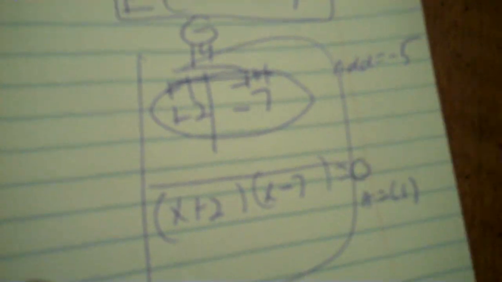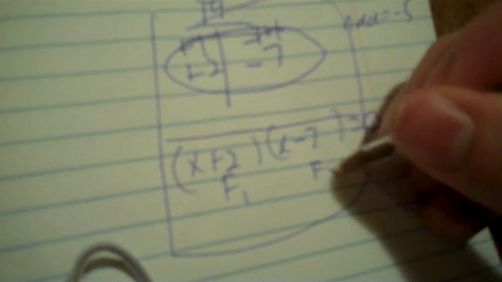Now your A is the implied 1, so you can cross out the implied 1, and then it's just an x plus 2, x minus 7 type of problem. Okay. There wasn't a GCF, so F1, F2. So x plus 2 could equal 0, x minus 7 could equal 0.